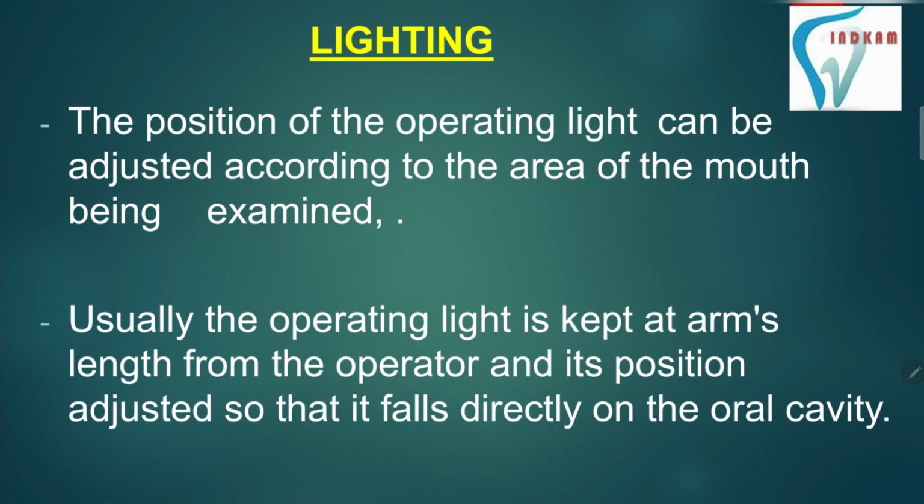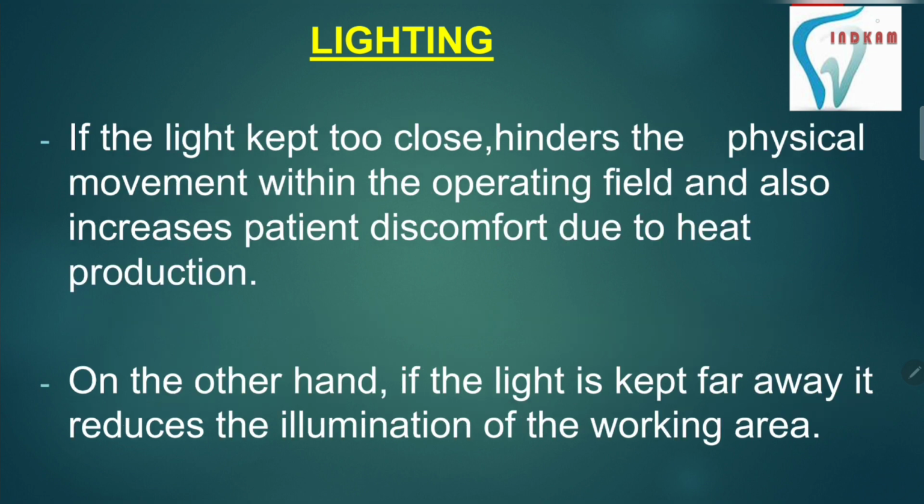The position of the operating light can be adjusted according to the area of the mouth being examined, and usually the operating light is kept at arm's length from the operator and its position adjusted so that it falls directly on the oral cavity for better view.